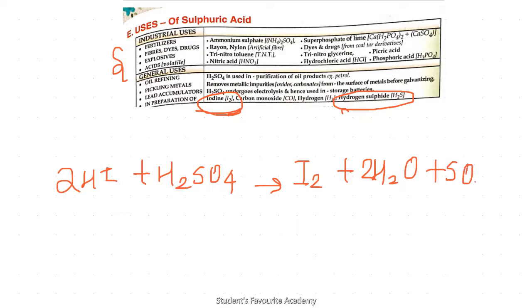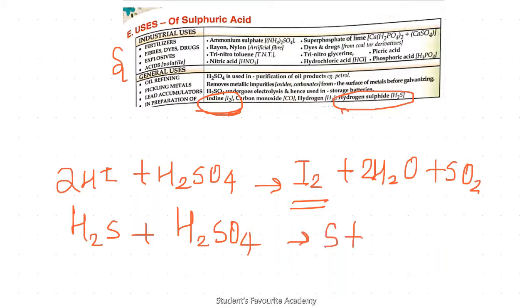This is the reaction. So iodine is being formed. When we talk about sulfur, children, how is it being prepared? When hydrogen sulfide gas is reacted with concentrated sulfuric acid, then sulfur is produced. So these are the compounds which can be produced from sulfuric acid.